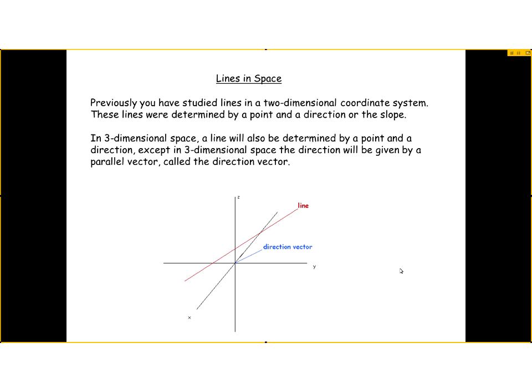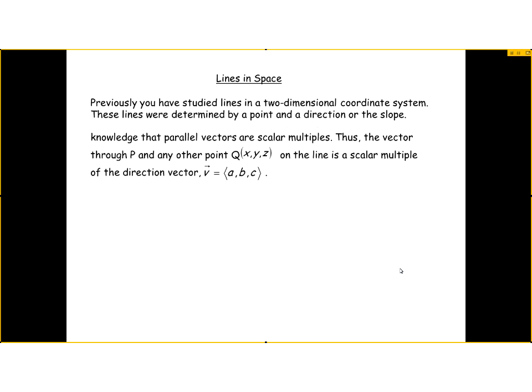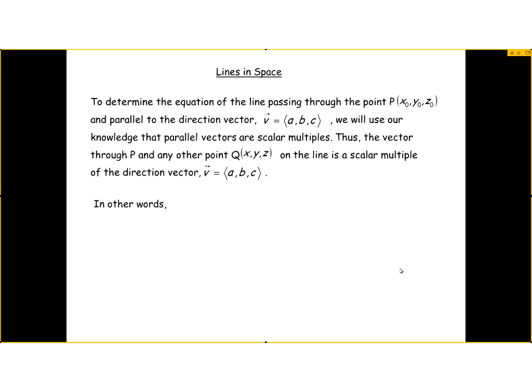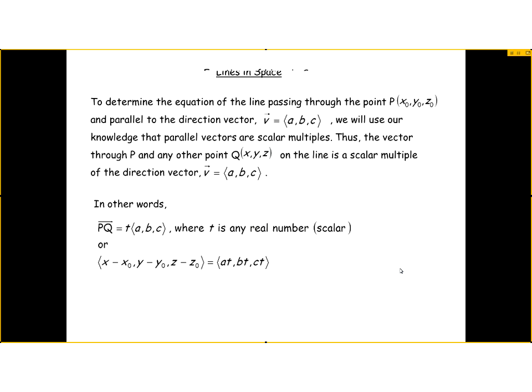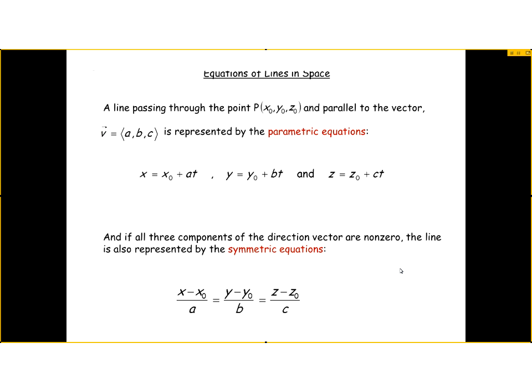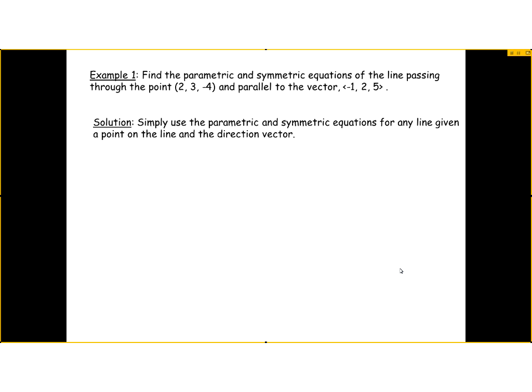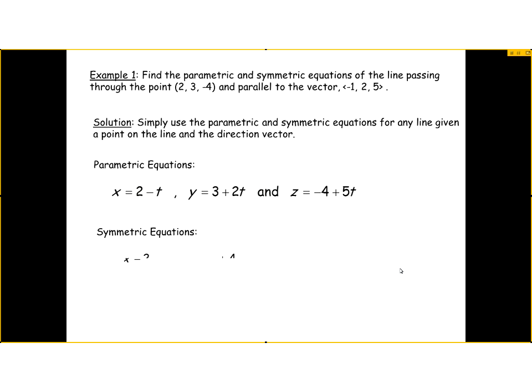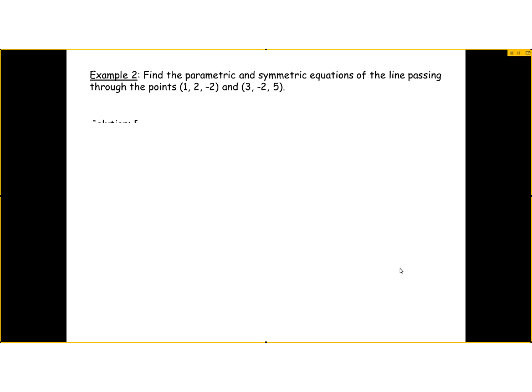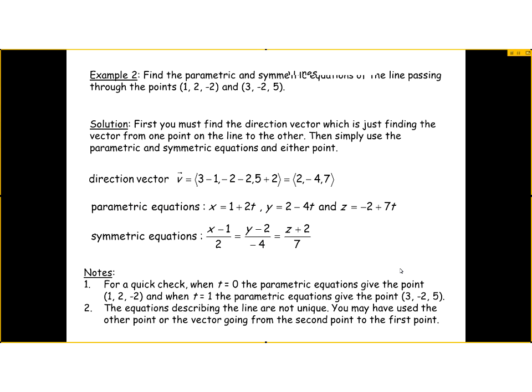So it is a line and a direction vector. These are just the definitions of the line, and there are some examples you will see. A parametric equation and a symmetric equation are given, and we have to find the values.